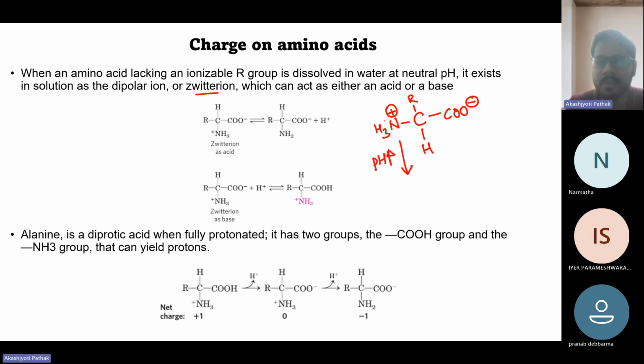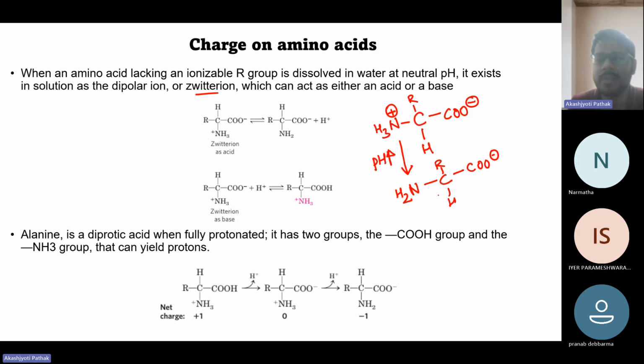If you keep on increasing the pH of the solution, this amine group, this NH3 plus group, will lose its proton, and now it will become NH2. Any molecule which loses its proton is called an acid. An acid is a chemical which can donate a proton, that is one of the definitions of acid.